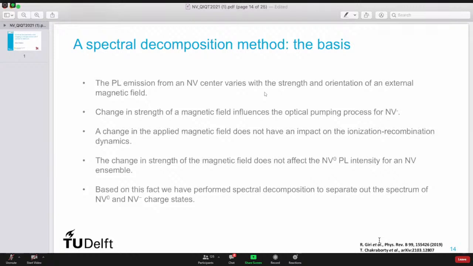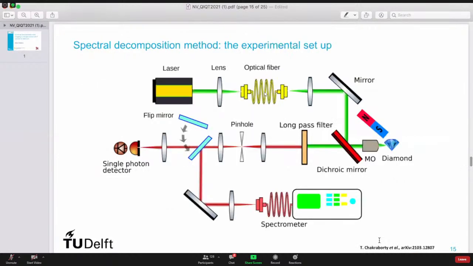So with a change in the strength of the magnetic field, NV0 fluorescence doesn't change. So we have used the different field-dependent optical pumping mechanisms of these two charge states as a resource to decompose the spectra for NV0 and NV minus in this work.